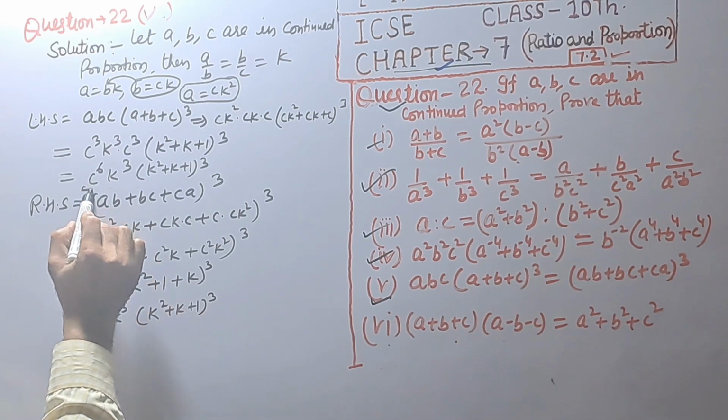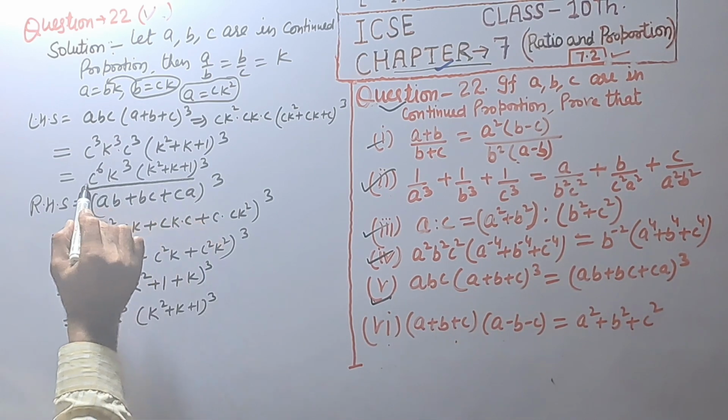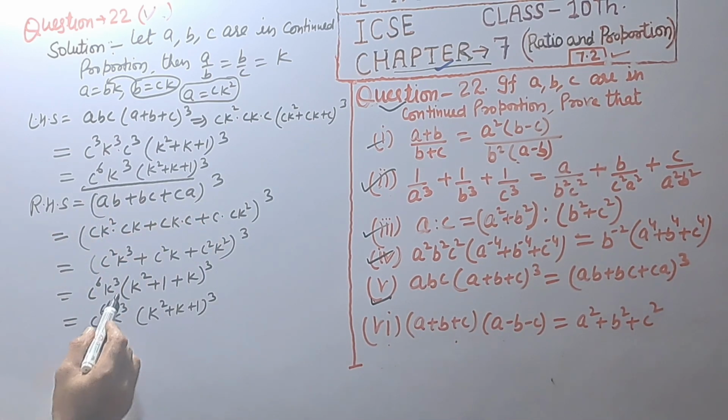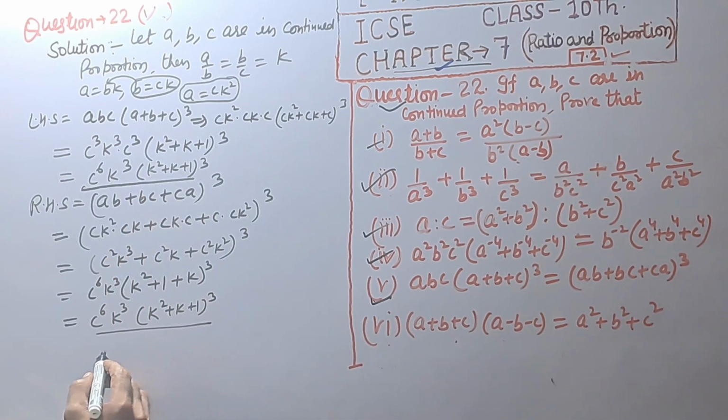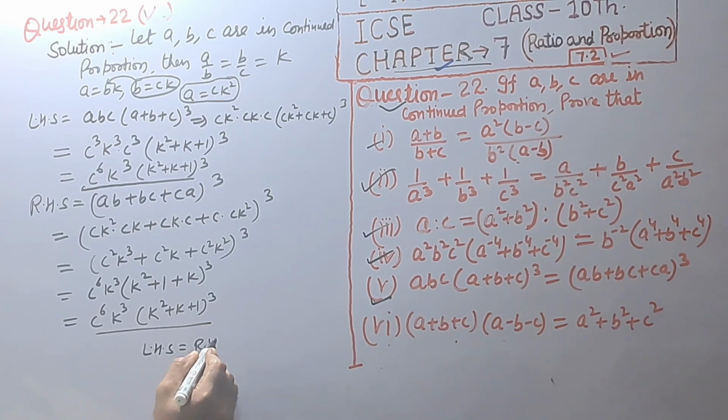So left hand side is c raised to power 6 k raised to power 3 k square plus k plus 1 raised to power 3, and right hand side is equal to c raised to power 6 k3 k square plus k plus 1 raised to power 3. So left hand side is equal to right hand side.